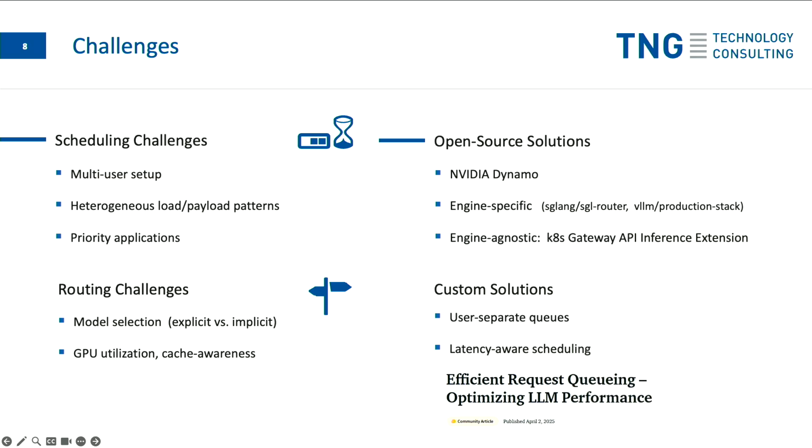But for these other challenges, like multi-user serving and also priority scheduling, we decided to write our own custom solution. So we use user-separate queues so that one power user cannot flood the system with their requests and block other users. And also we implemented latency-aware scheduling, which means we have some kind of target latency for inter-token latencies.